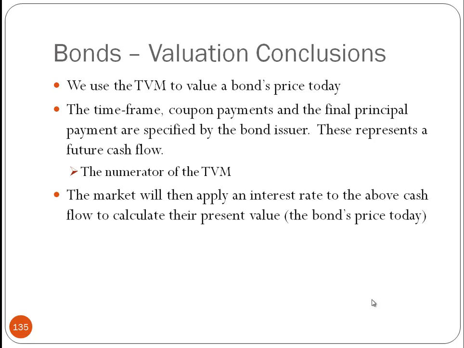The market then applies an interest rate or a discount rate to the above cash flows to calculate the present value of the bond's price today. It's kind of like the issuer says, here's the numerator of the analysis, and the bondholder says, all right, we've got the denominator, and we'll bring it together, and we'll come up with the present value.